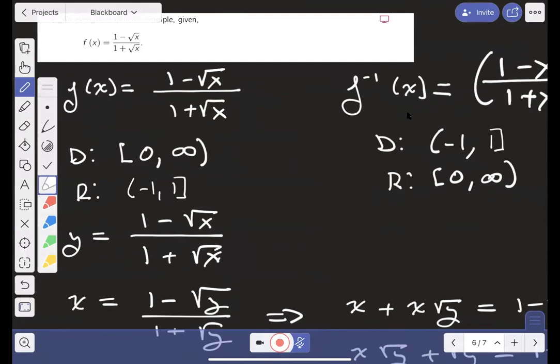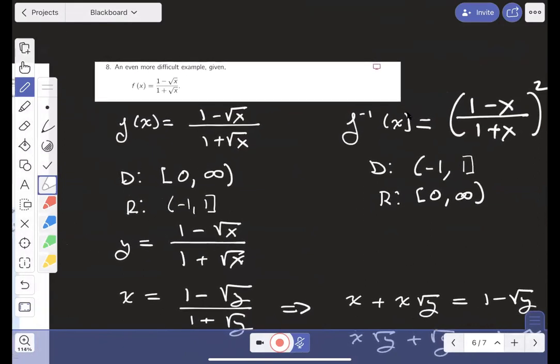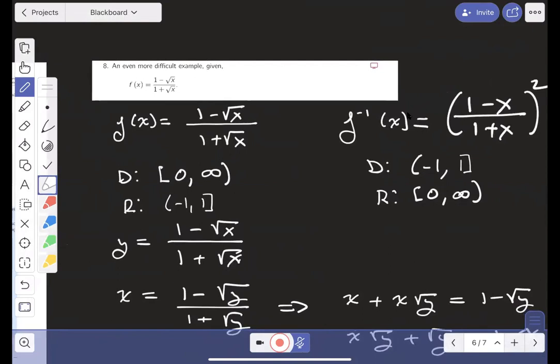Okay, I want to go back and think about this though. Is it really stopping at 1? If you really thought about this and you were looking at f, you'd see 1 minus root x over 1 plus root x.